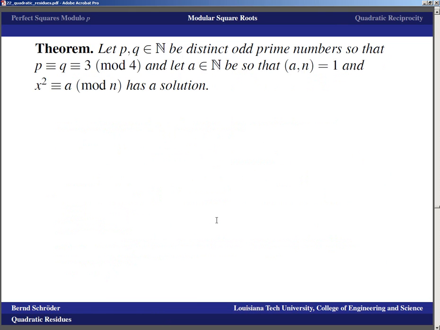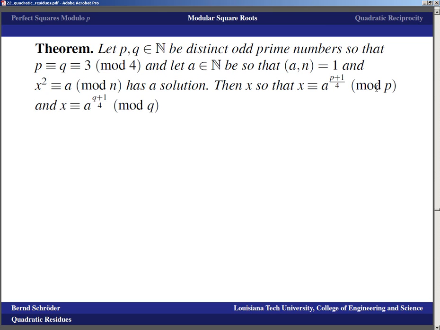Okay. Quick result that says that we can also sometimes compute these square roots. So if p and q in the natural numbers are distinct odd prime numbers, so that p and q are both equivalent to 3 modulo 4, and if a is so that the greatest common divisor of a and n is 1, and x squared is equivalent to a modulo n has a solution, well then x, so that x is equivalent to a to the (p plus 1) over 4 modulo p, and x is equivalent to a to the (q plus 1) over 4 modulo q, solves x squared equivalent to a modulo n.